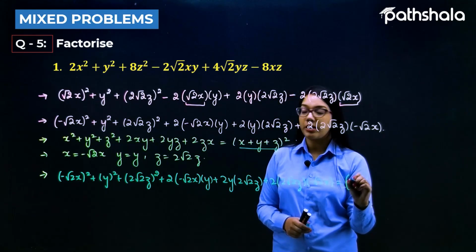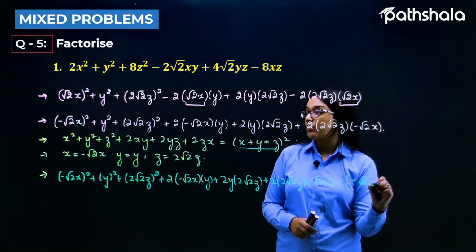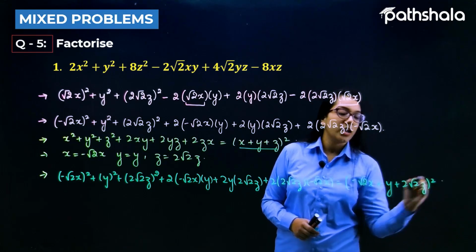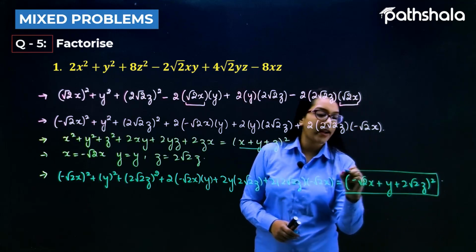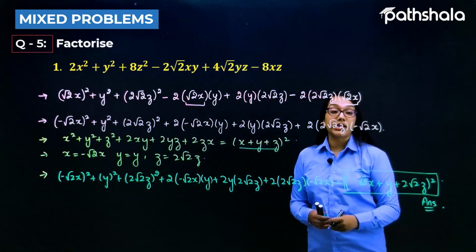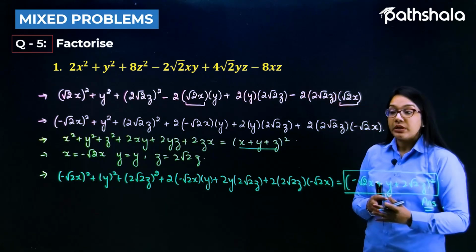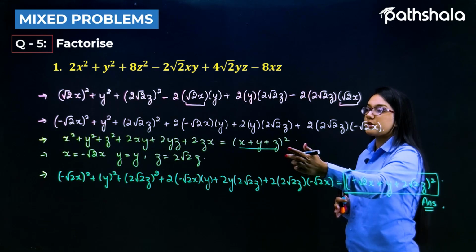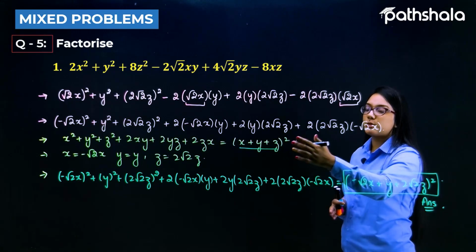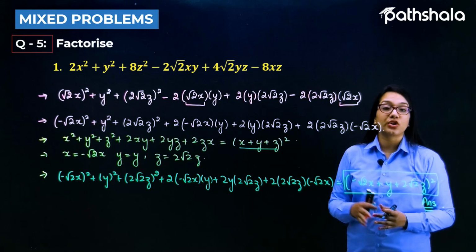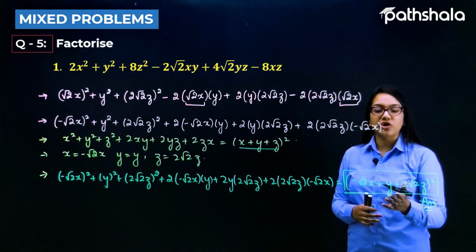So x is nothing but −√2x, y is nothing but y, and z is nothing but 2√2z, all squared. So this is the factorization of this expression, and it is our answer. Using the algebraic identity x² + y² + z² + 2xy + 2yz + 2zx = (x + y + z)², we have deduced the factorization of this expression.